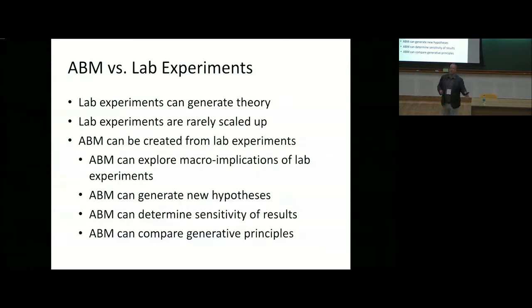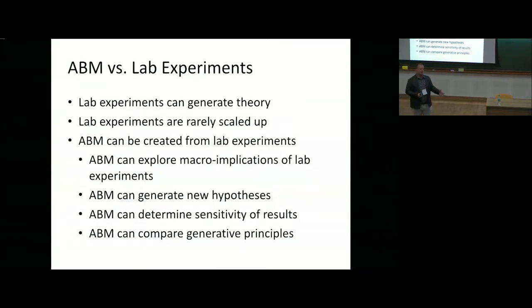We can also generate new hypotheses. Let's say we run our lab experiment, we build an agent-based model from our lab experiment, and our agent-based model produces interesting results that don't seem easily explained by our lab experiment. Well, then we can go back and start a new lab experiment to test those new results that we just got, right? We can use agent-based modeling to determine the sensitivity of the results.